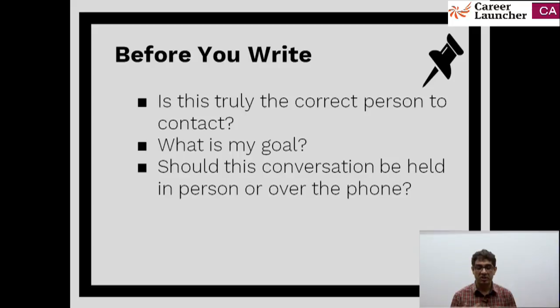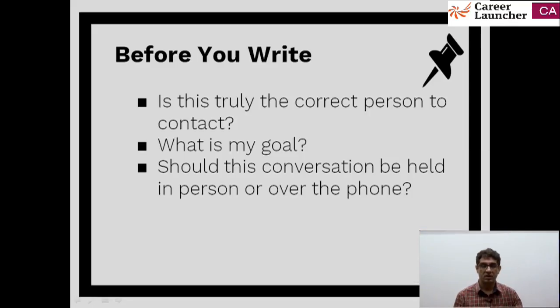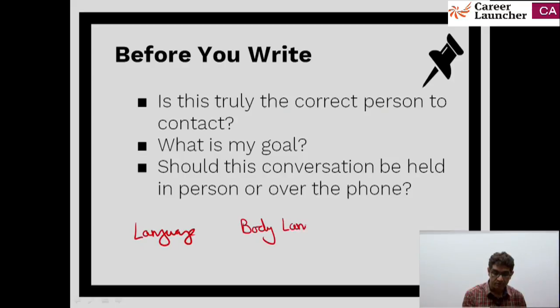When we talk to a person, our message is conveyed using three distinct things. Your message would typically have the language that you use, but apart from the language, people are also able to see your gesture, your eyes, your facial expression, so the body language that you have, and apart from that, the voice in which you deliver.